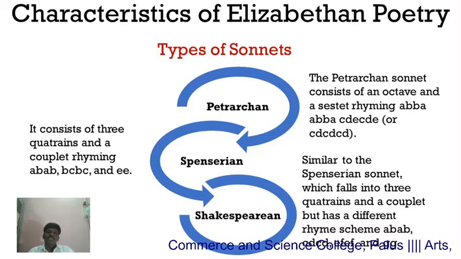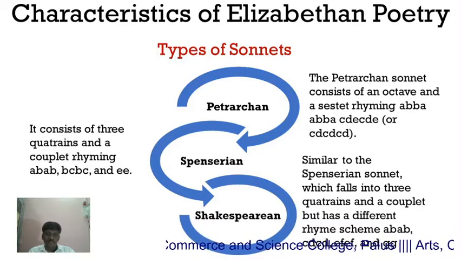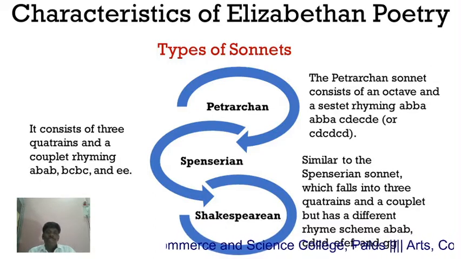When it is adapted by Edmund Spenser, as I told you, Amoretti is a very famous sonnet collection of this particular period. It consists of three quatrains instead of two. He divided the sonnet into three quatrains and a rhyming couplet, so 4 plus 4 plus 4 plus 2.